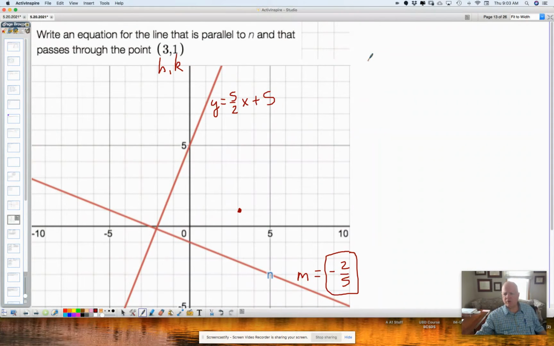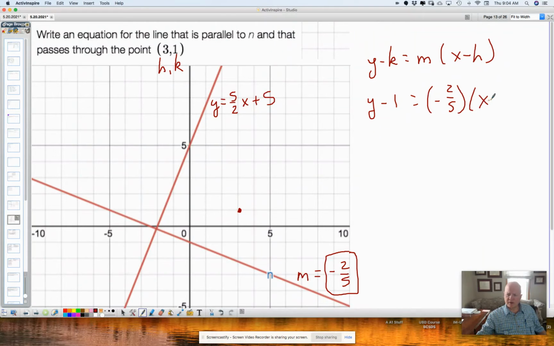I'll use the point-slope form because I've got the point and I've got the slope. y minus k is equal to m times x minus h, and we write it directly. y minus 1 is equal to negative 2/5 times x minus 3. Where did I get the 3 and the 1 from? Right here.